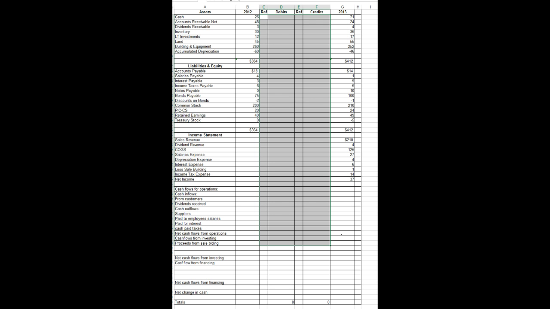To move us along and make this a little quicker, notice I've entered all of the balance sheet data for 2012, and I've entered all the balance sheet data for 2013. Notice that the current assets and the assets and liabilities agree for 2012 and for 2013.